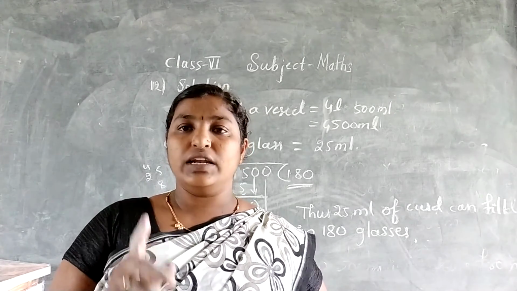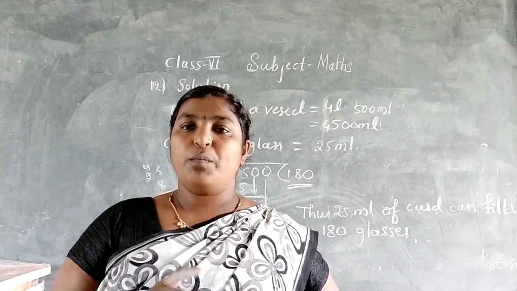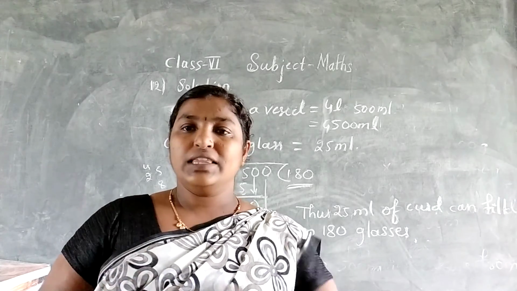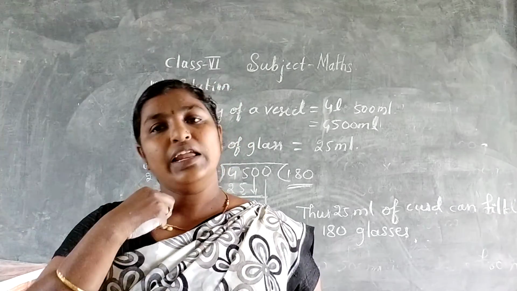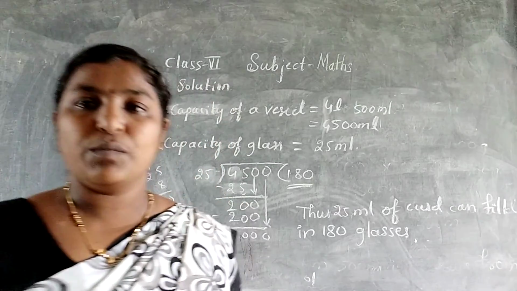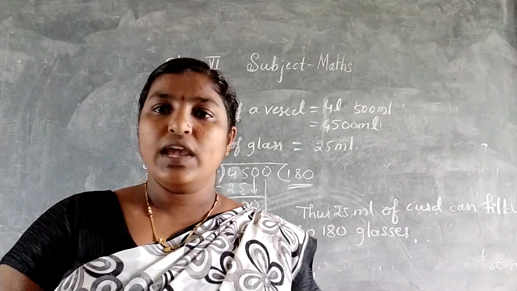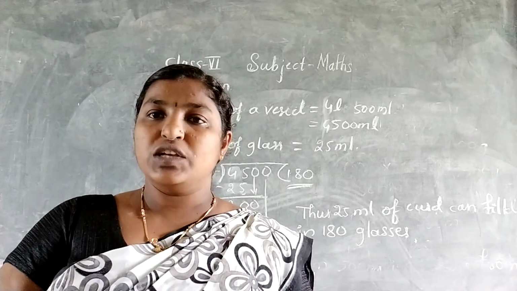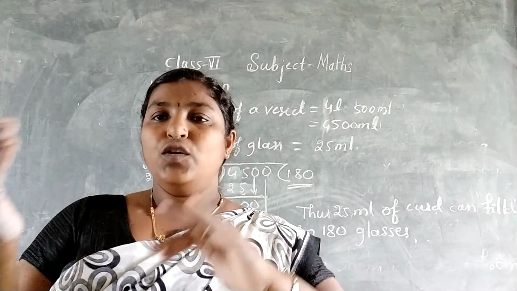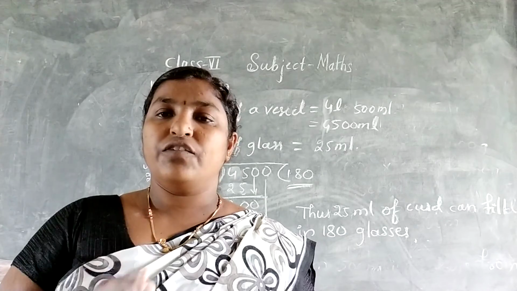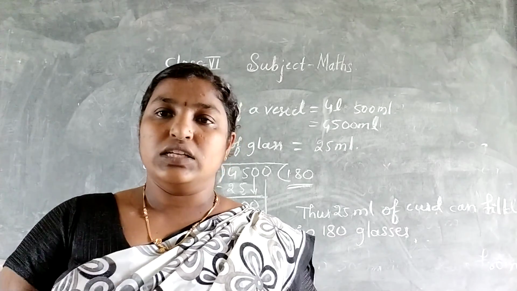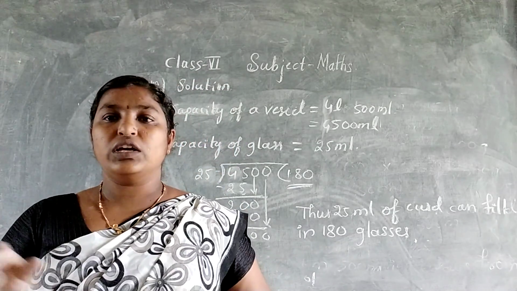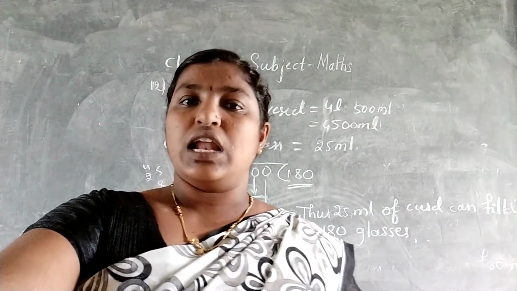Before that, you should understand the question properly. If you understand the question and what to do, then you can solve the problem very easily. We will continue the estimation. Estimation means rounding off and doing sum or difference or product like this. We will continue the estimation in the next class. Thank you.